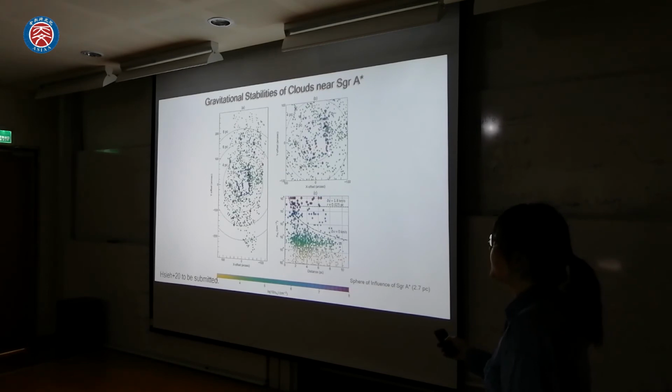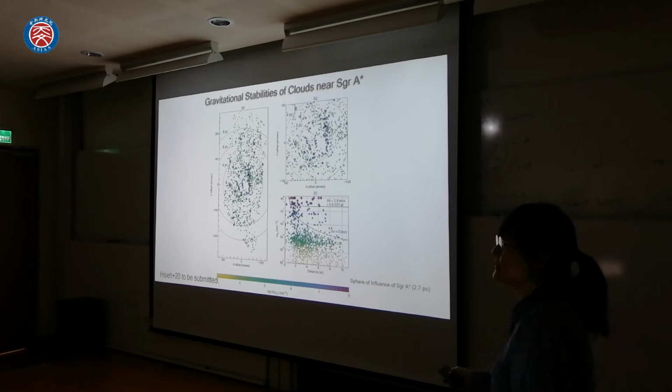And this is a zoomed image of the central 200 arcseconds. This is the critical tidal density as a function of distance from Sgr A star between 0 and 10 parsec. We can see a majority of the cloud cores are below the tidal threshold density.